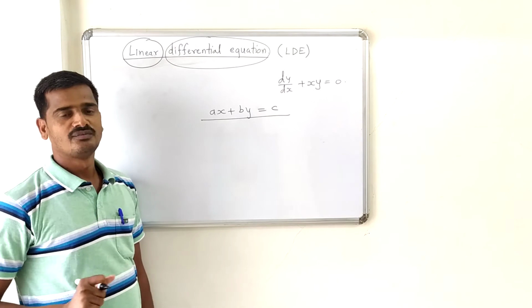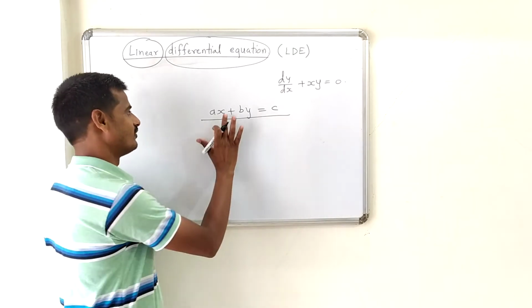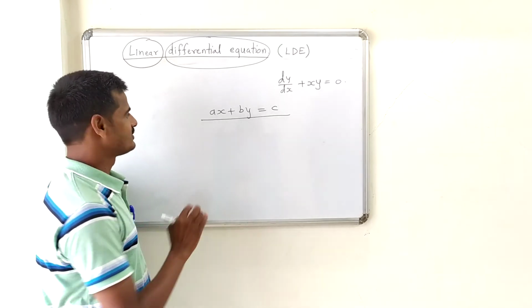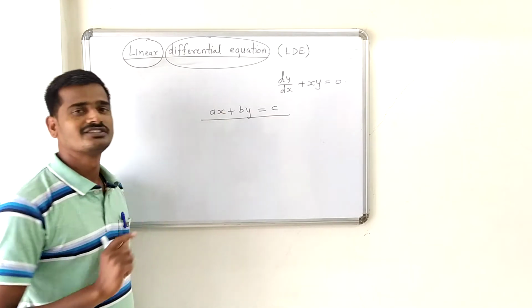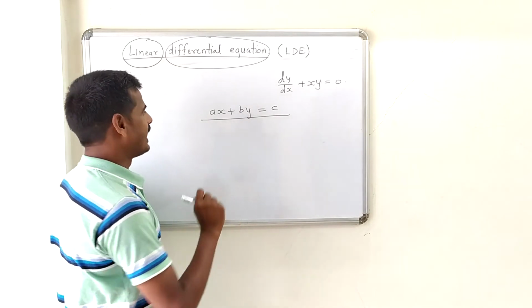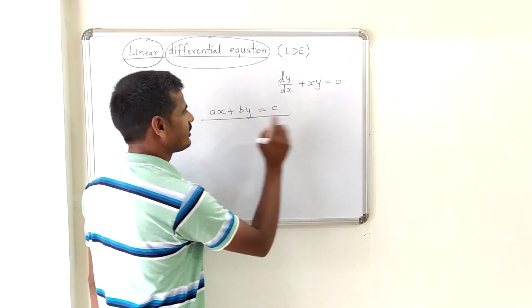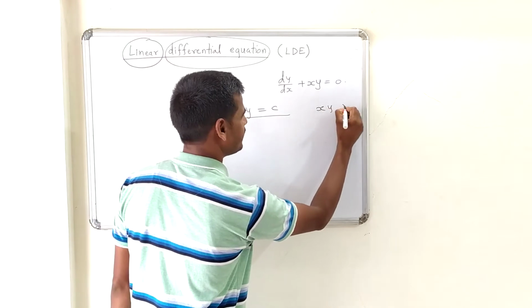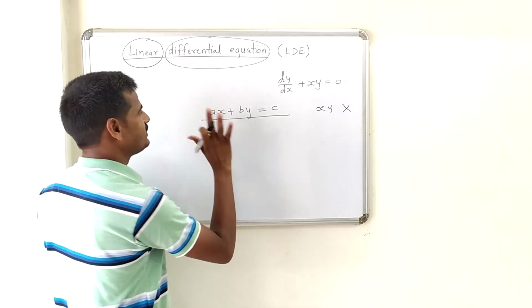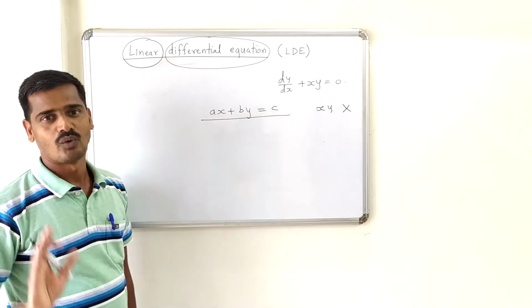This is called linear equation in x and y. Why is it called linear? Number 1, power of x is 1. Number 2, power of y is 1. And number 3, product of x with y is not allowed in this case. And therefore it is linear in x and y.